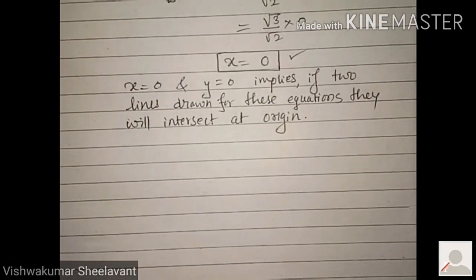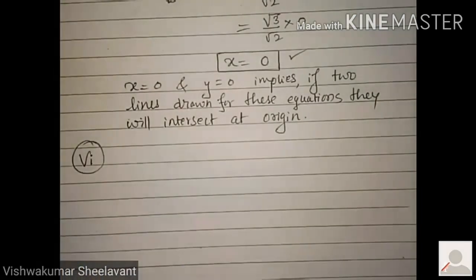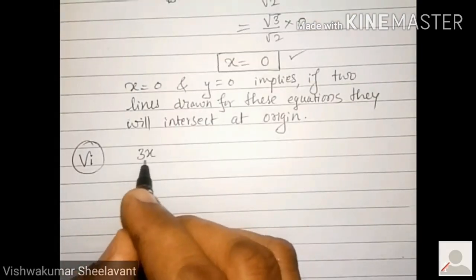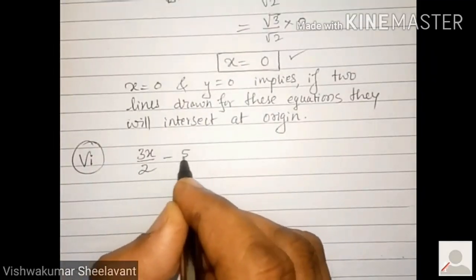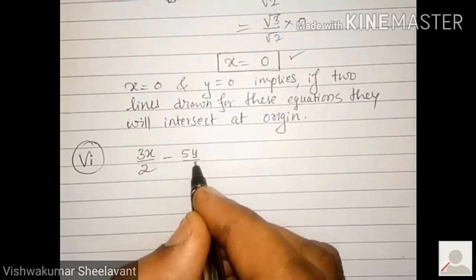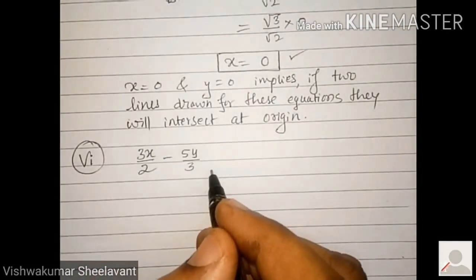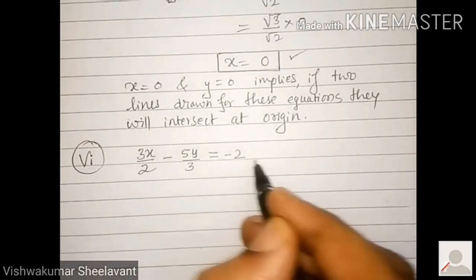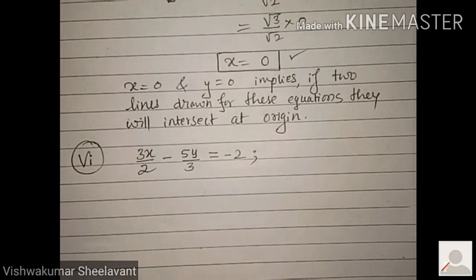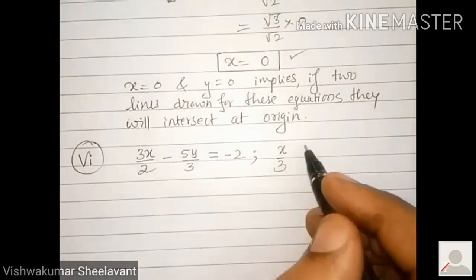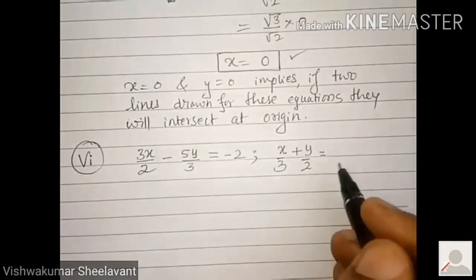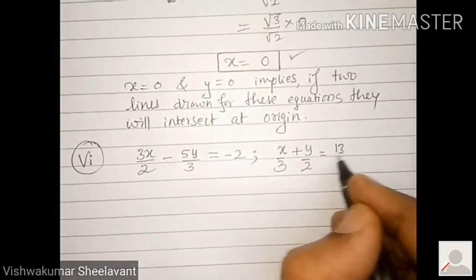After this, we'll take question number 6. 3x by 2 minus 5y by 3 equal to minus 2. x by 3 plus y by 2 equal to 13 by 6.